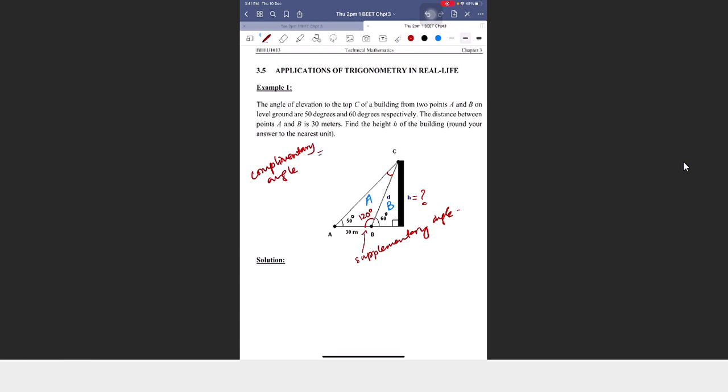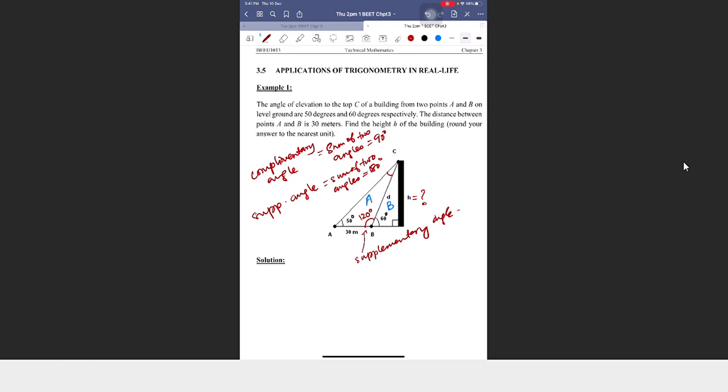Complementary angle means the sum of two angles equals 90 degrees. Supplementary angle means the sum of two angles equals 180 degrees.